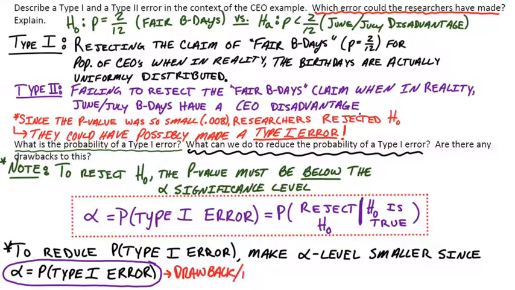Yeah, there is a drawback, or sort of a trade-off. Something that you might guess: if you reduce the probability of a type 1 error, something else goes up. And actually, that's the probability of a type 2 error.